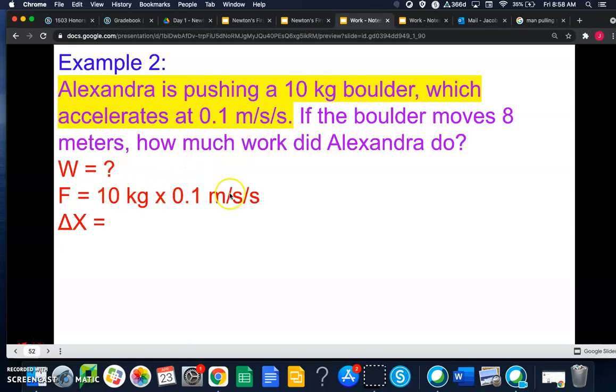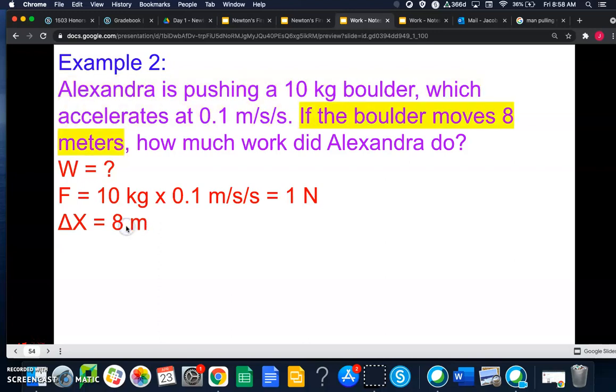All right, so that's just F equals M times A, so we need to multiply these two values together to get the force. Taking my mass times my acceleration, that should get me to 1 newton. Okay, delta X, change in position, that's going to be 8 meters.